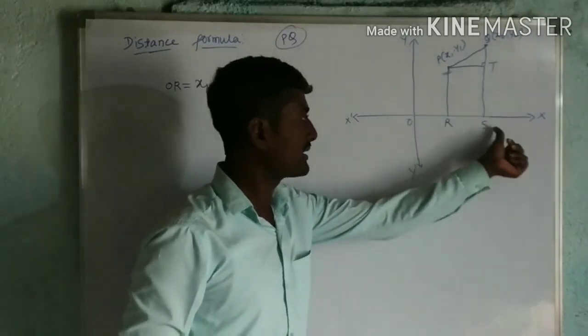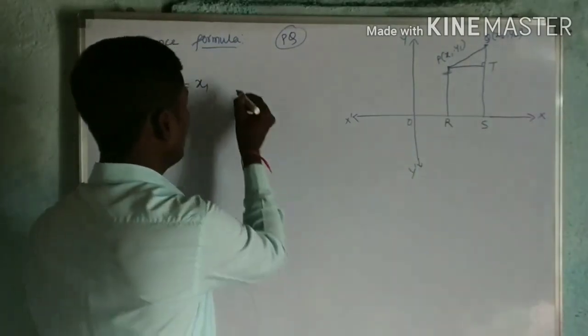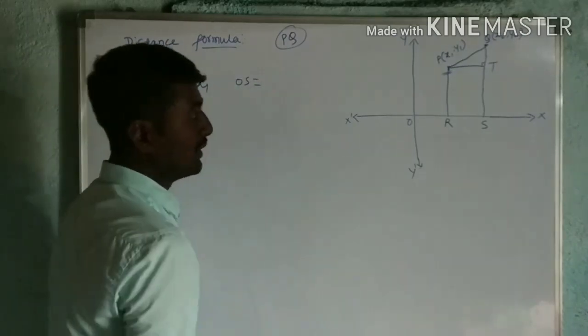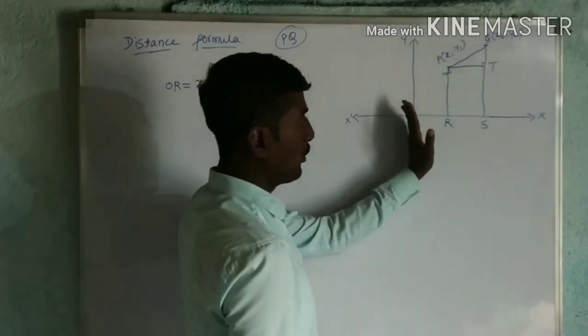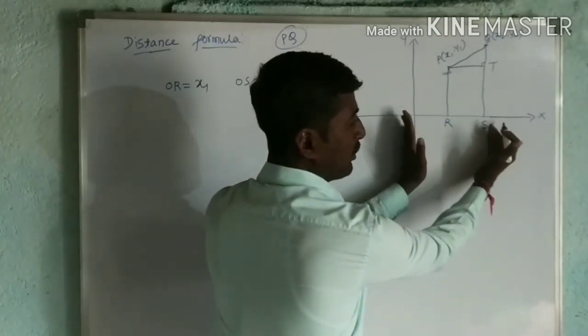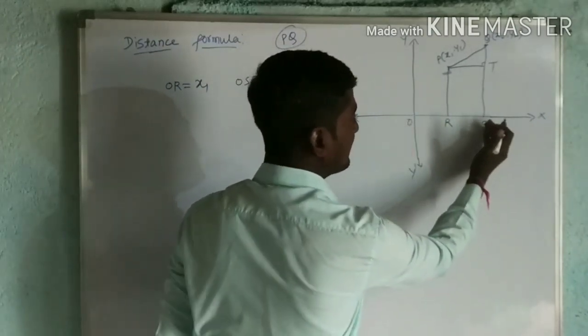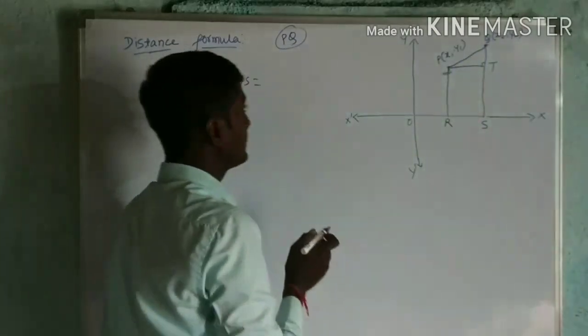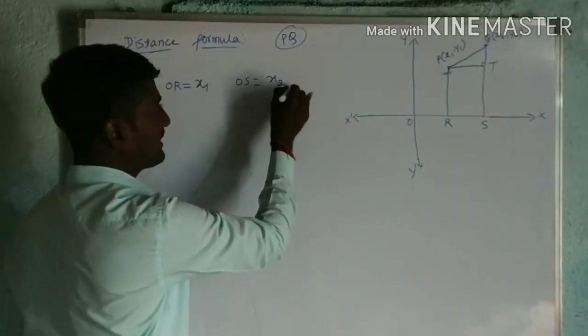Now OS, how can I write OS here? The distance from the y-axis is nothing but the x coordinate, which is x2. So OS I can write as x2.